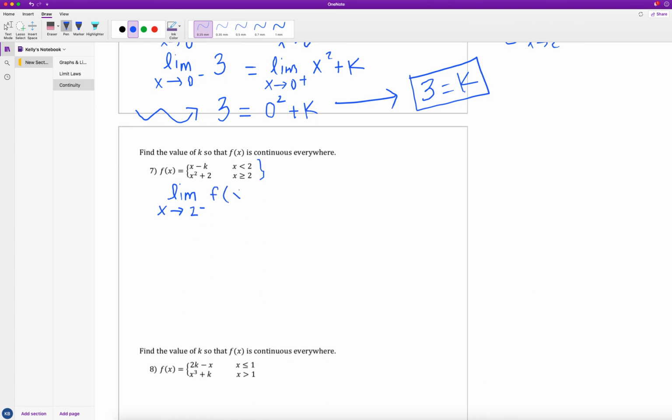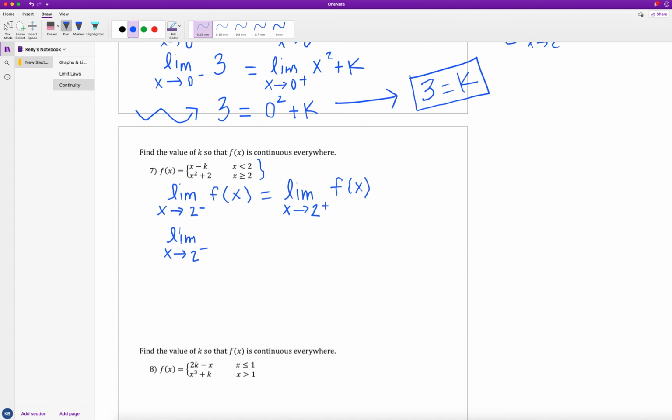So I'm going to take the limit as x approaches 2 from the left of f of x. Since f is continuous, that has to be equal to the limit as x approaches 2 from the right of f of x. From here, I can figure out which function I'm using. As I approach 2 from the left, would I be using the top function or the bottom function?